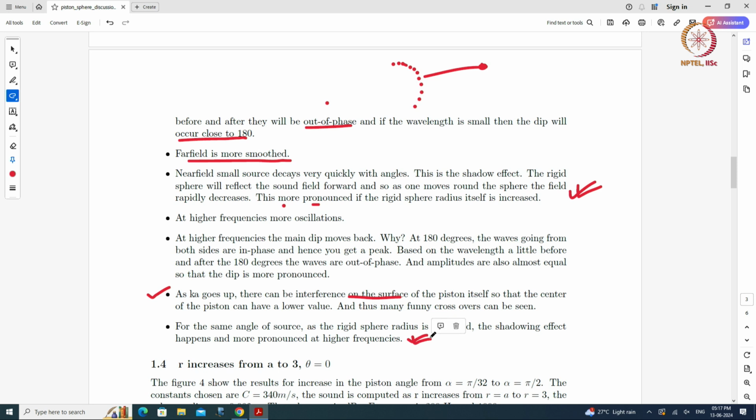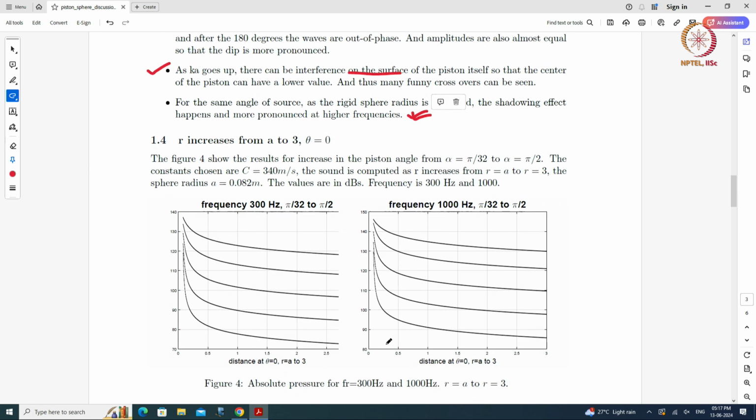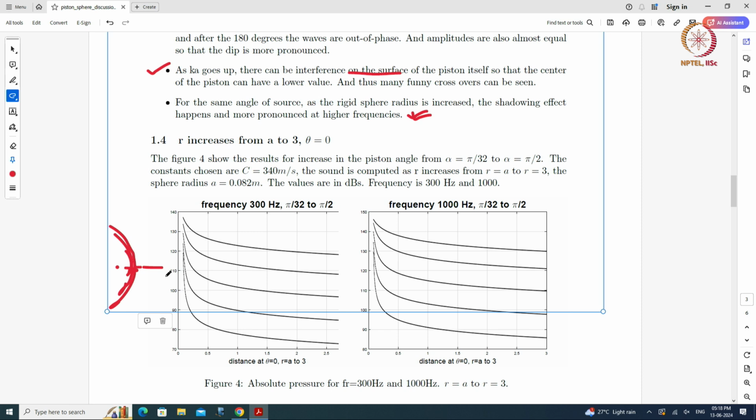Okay. Now the next case we are seeing is that we are going to increase the radiator size. The radiator angle we are going to increase in the same manner, pi by 32 to pi by 2, and we are going to look at the on axis pressure from the surface to a distance of 3 meters.